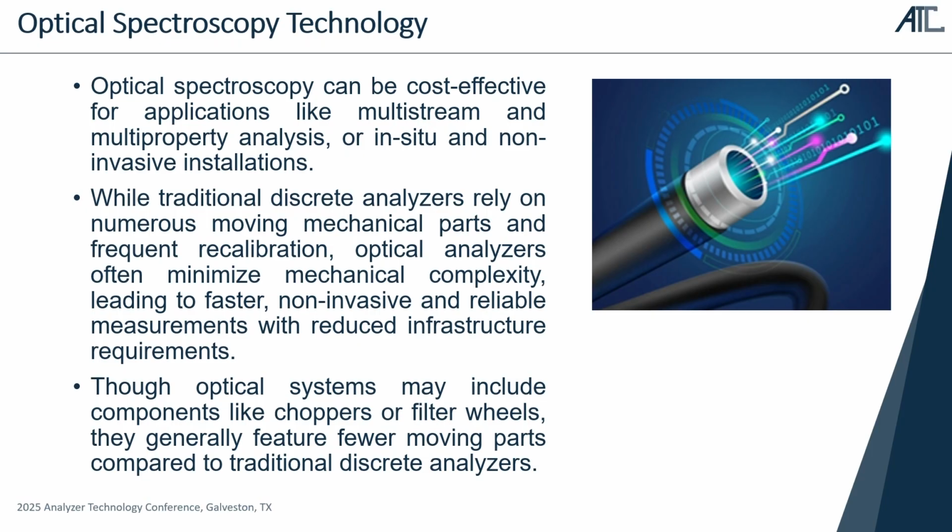Optical spectroscopy has changed significantly during the last 40, 50 years. I think the main reason for that was computing power. We have more computing power today. We are capable of processing information in a significantly more complicated way than we were able to 40 or 50 years ago.